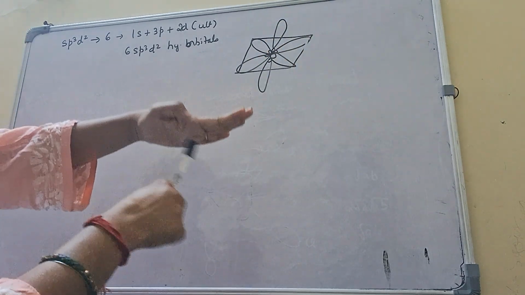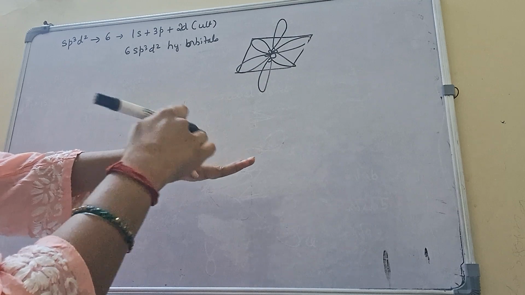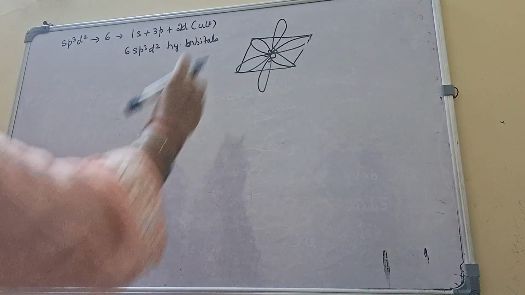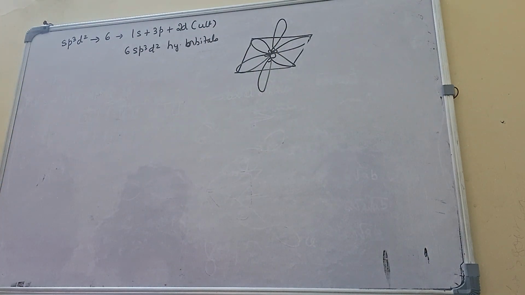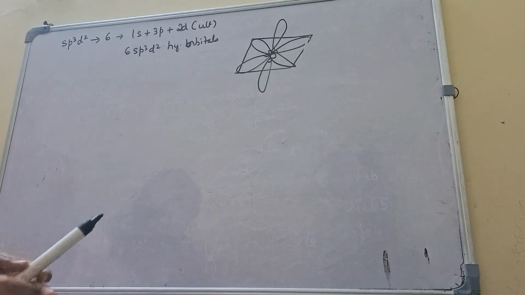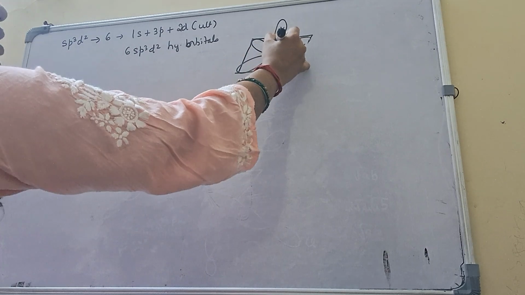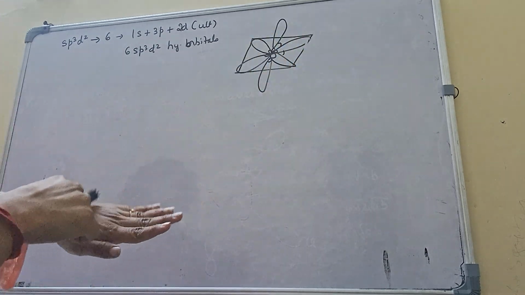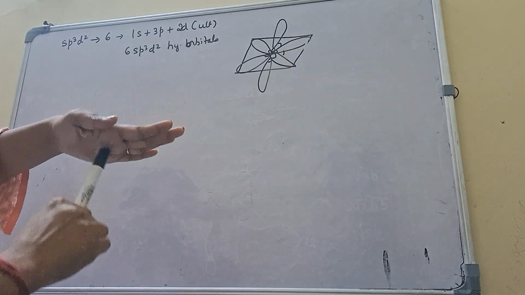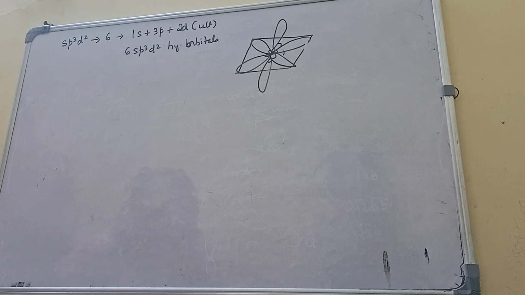Imagine this to be a square, with all the 4 vertices of a square occupied, and here is the central atom. Generally we say equatorial and all that, but here it doesn't matter, right? All the bond angles are equal here. This is 90, this is 90. Inside the square everything is 90. Here also it is 90. There is no concept of equatorial plane and axial here. Please remember that.